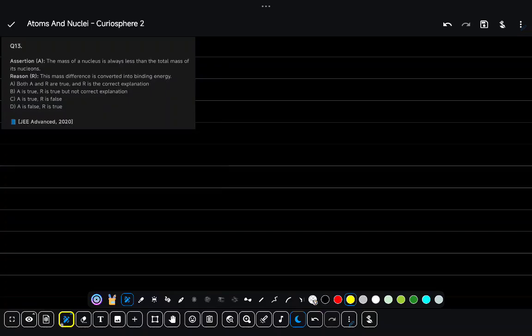Yes, it's true. We saw, according to Einstein's postulates, this is an observational thing we did yesterday, if you remember. The mass difference is converted into binding energy, which is also true, according to Einstein's postulates, E is equal to mc squared. Now, this is very important.